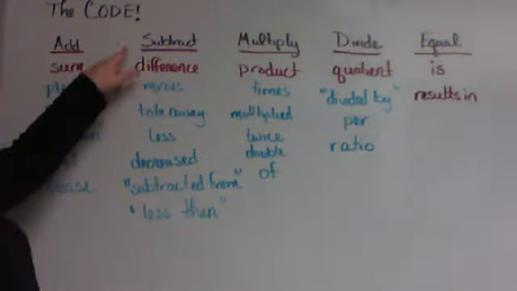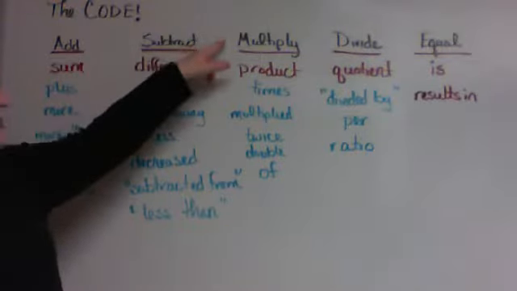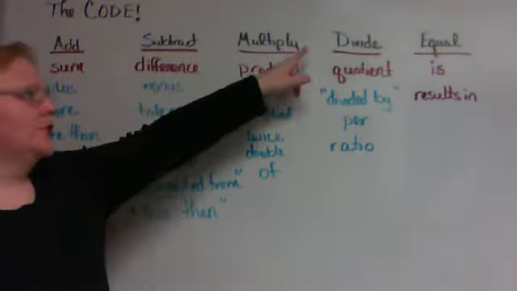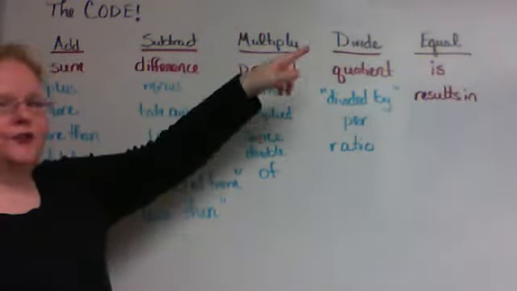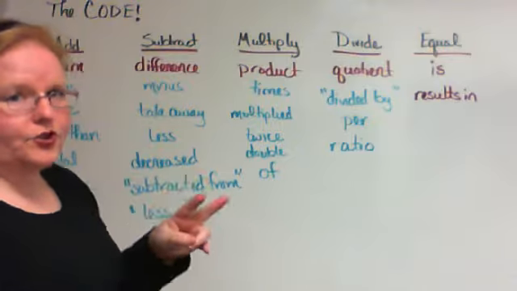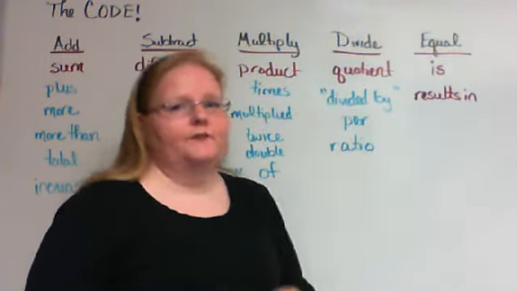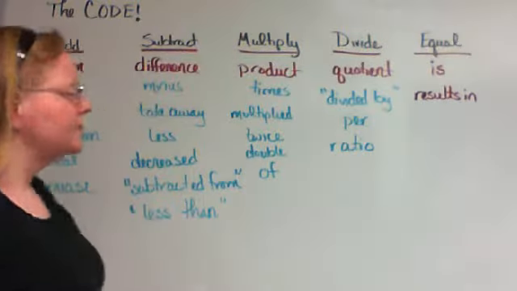The official word for subtraction is difference. The official word for multiplication is product, and the official word for divide is quotient. Equal doesn't have an official word, but the two most used words that mean equal are is and results in. So I'll put them both in that color.